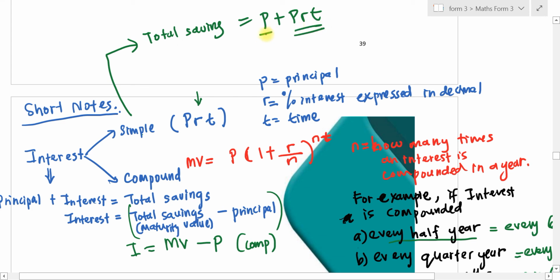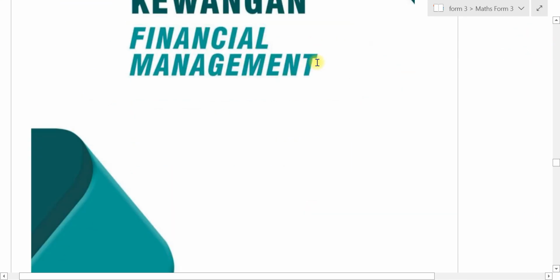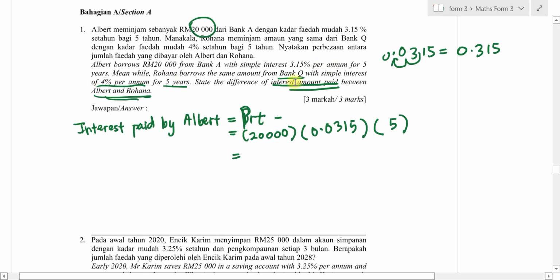This is the interest, this is the principal. The principal plus interest, you get the total saving. But here they are not asking the total saving, they're just asking the interest paid. So for interest, the PRT formula alone is enough.